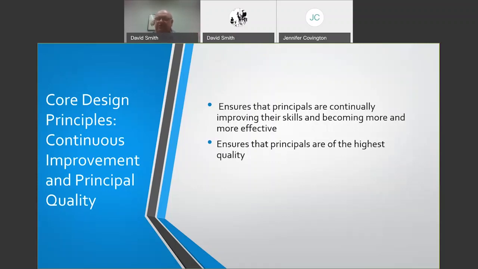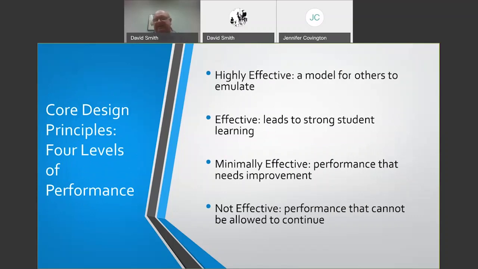Actually, the third, when we think about the quality of the evaluator. So the next core principle is this, that it is based on the state's performance levels. So we had to build in the fact that we have from not effective, which is a score of 0, to highly effective, which is a score of 3.